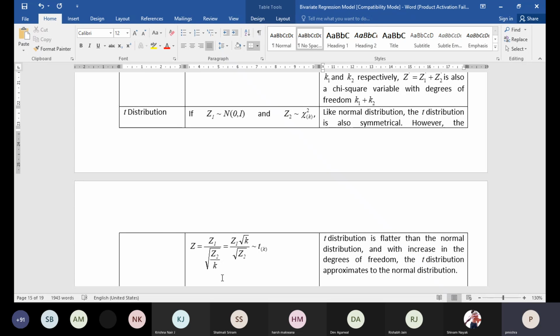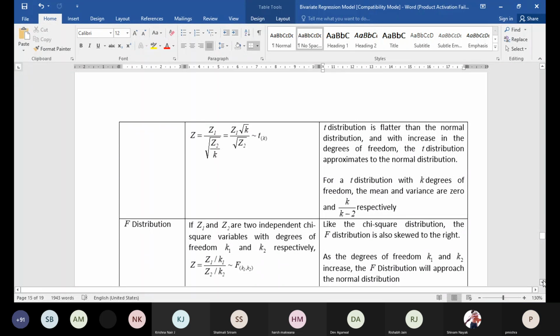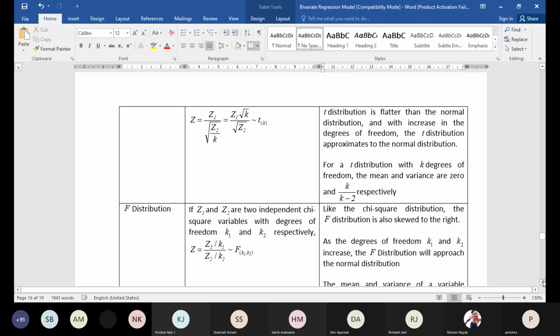So in OLS method, you will see for individual coefficients, we will be basically using the test statistics that will be following T distribution. And then the other distribution which will be very, very important is F distribution.